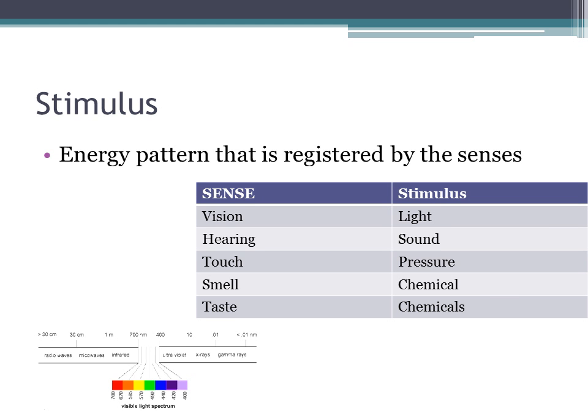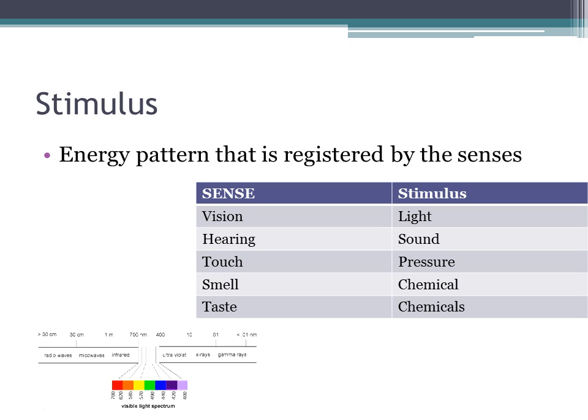Okay, a stimulus is the energy pattern that is registered or picked up, detected by the senses. So in order for you to see with vision, the stimulus would be that there needs to be light. In order for you to hear, there needs to be sound waves.